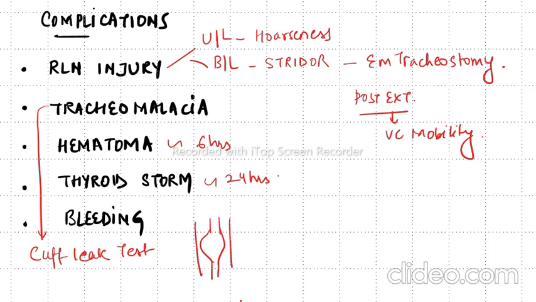This is the cuff of the ETT. So we will deflate the cuff. So there will be air leakage, which is positive, meaning there is no tracheomalacia. So if a leak is present, then it is good. They say that up to 110 ml of tidal volume of air should leak for the cuff leak test to be positive.